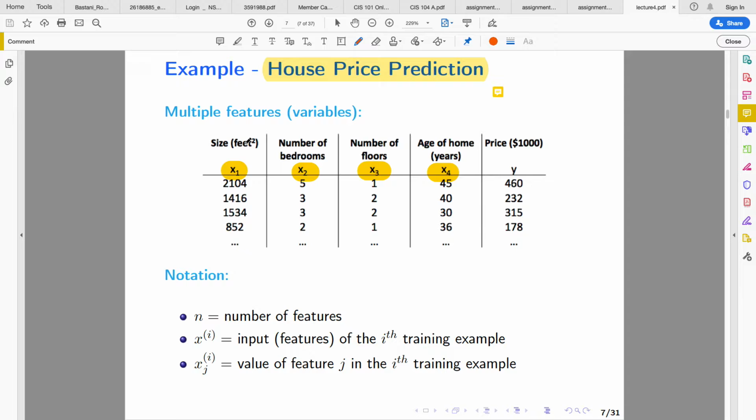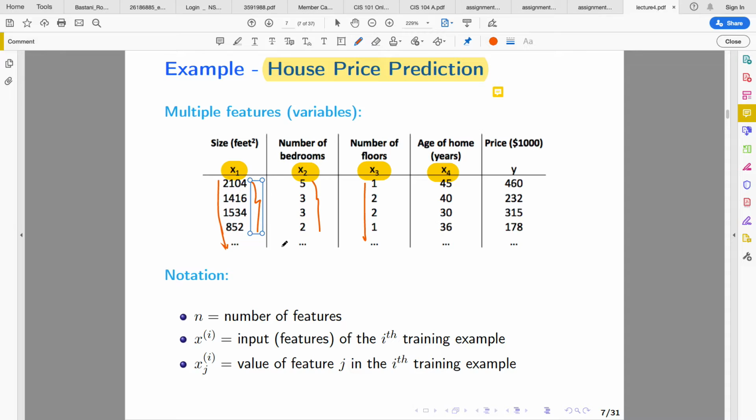But when you look at the square feet, the range of the numbers is quite high compared to this. Our model will not do very well when one feature has very big values and another one has very small values.